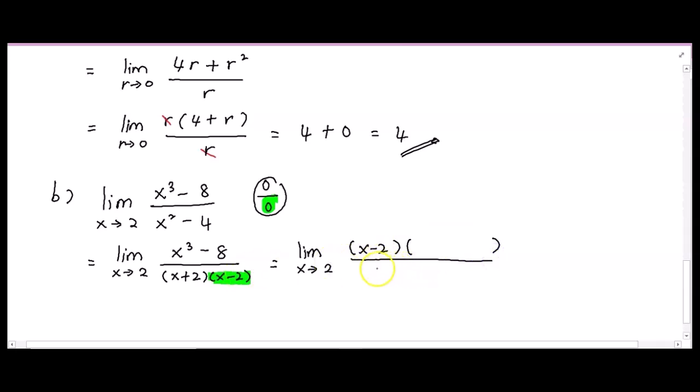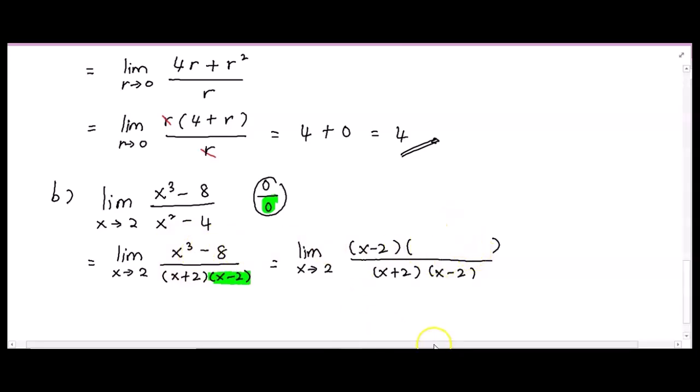And down here, we just remain as x plus 2, x minus 2. And how do I get this quadratic factor?